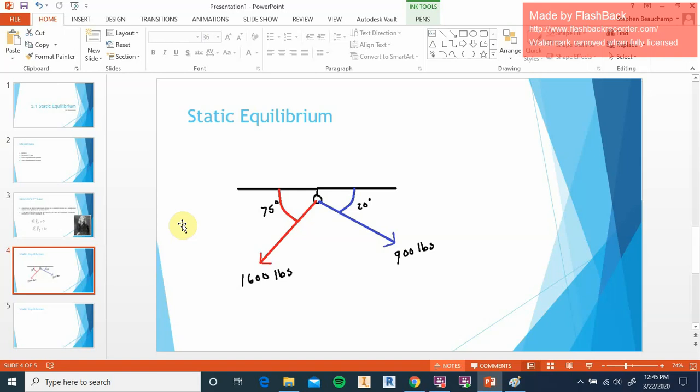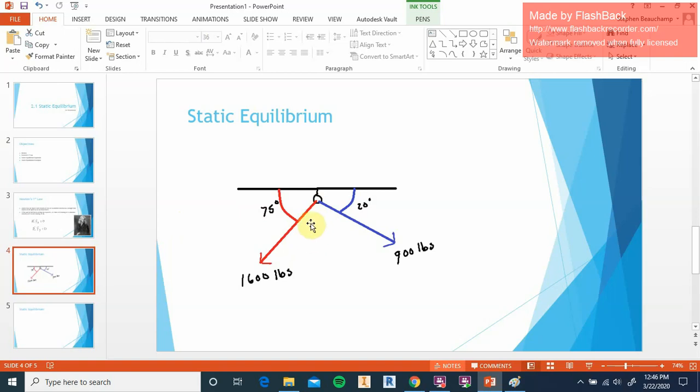We know from the last lesson that we can pull the x components of these two vectors, add them together, pull the y components, add them together, and solve for the resultants. The resultants would give us some kind of overall pull, maybe in this direction.